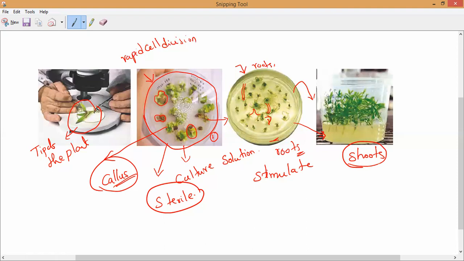Development of shoots. Do you understand, everyone? So the development of shoots will take place. So now the callus has roots as well as shoots. You can see here, it is having both root and shoot developed.